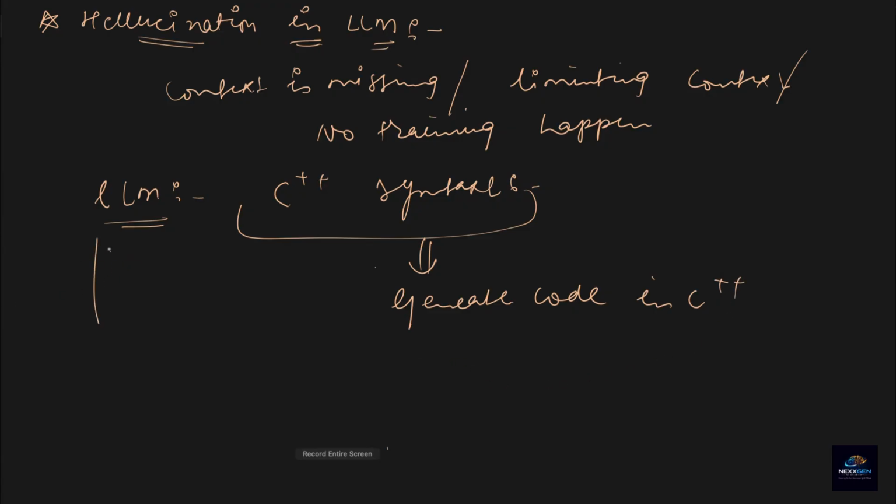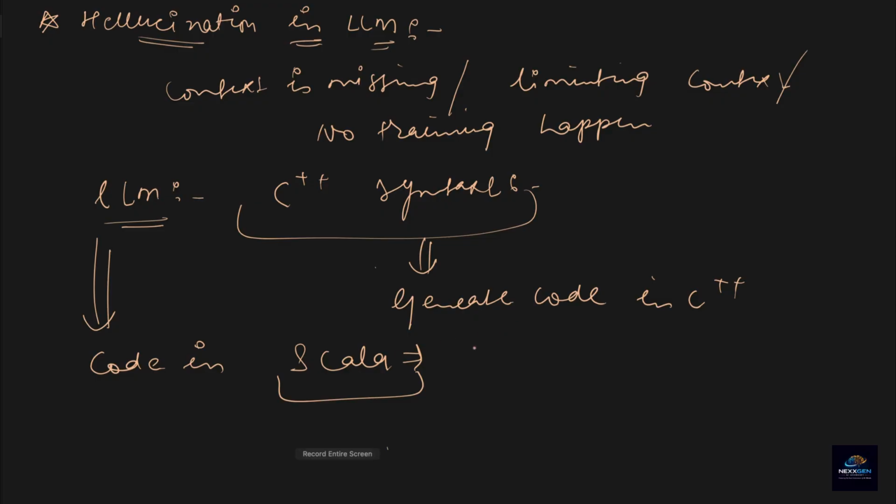But if you ask the similar LLM to generate code in Scala, since the context is not there for Scala, the LLM has never seen the tokens related to Scala syntax.